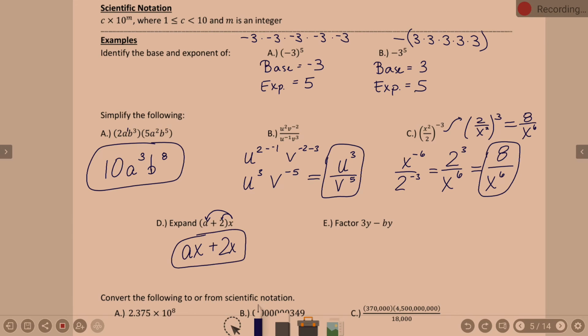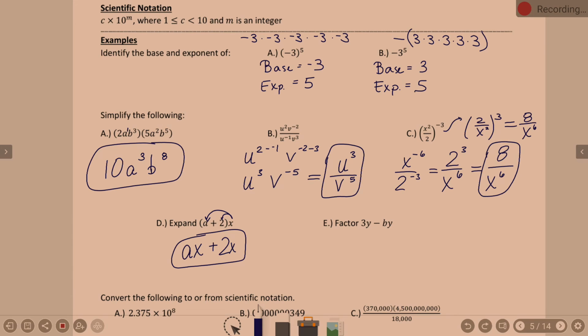On the ax, xa, doesn't really matter. 2x, x2, you guys know at this point, 2x is the common way to do this. I shouldn't have boxed this yet. Am I done here? And I'm done because these are not like terms. Okay?